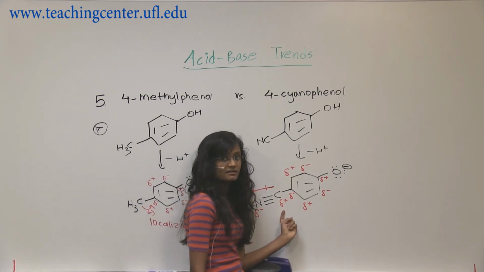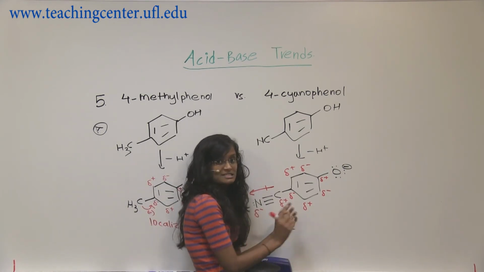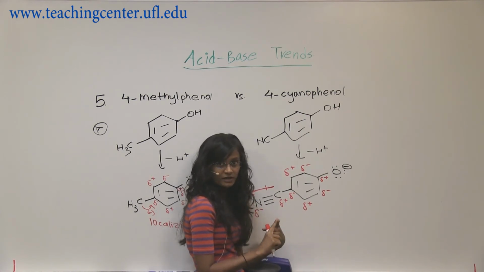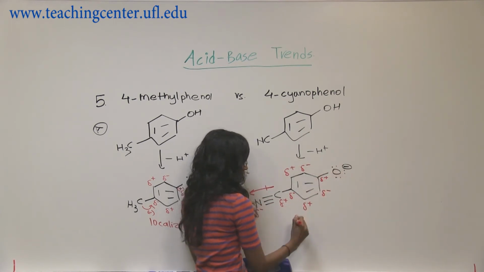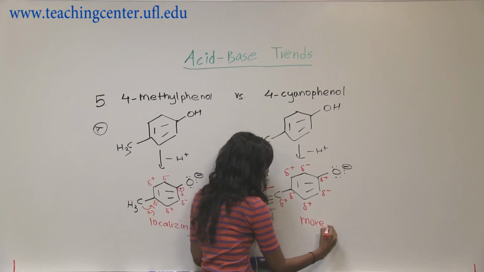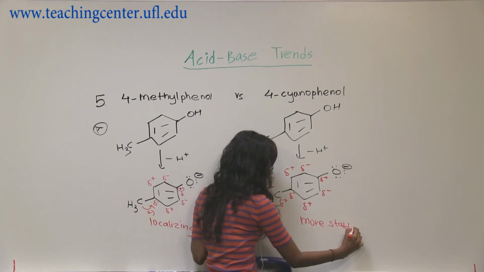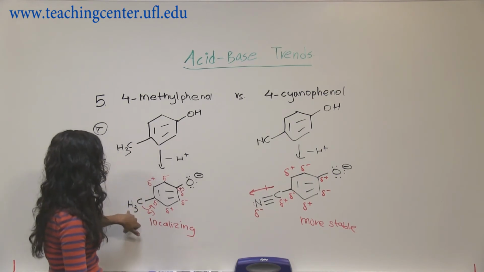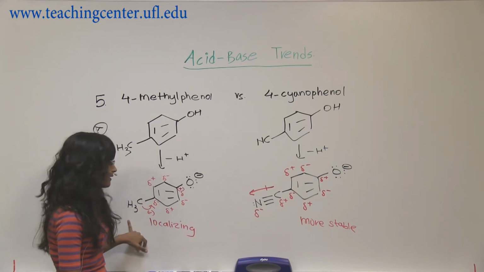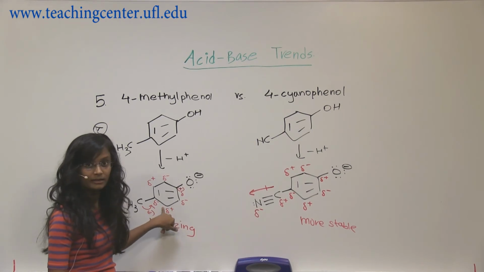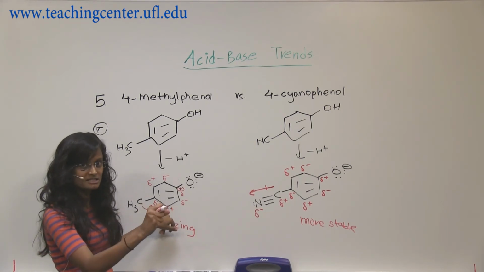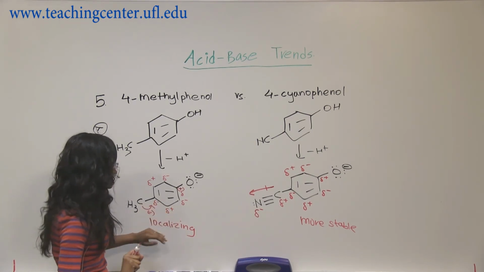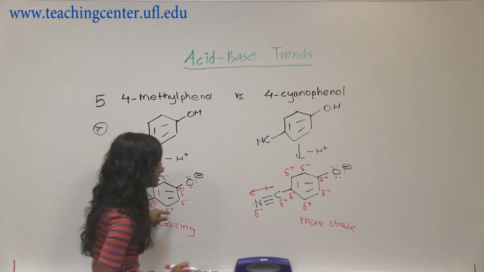This partial positive and this partial negative stabilize each other, so it makes the overall structure more stable than the 4-methylphenol. Because these hydrogens don't do anything, the carbon's still going to donate in, because there is no other atom taking away the density. So this is localizing the negative charge.